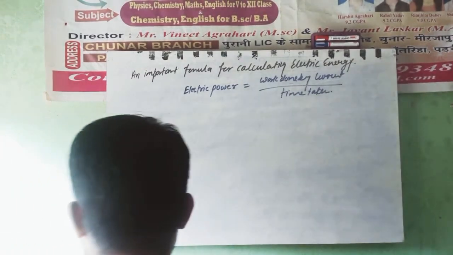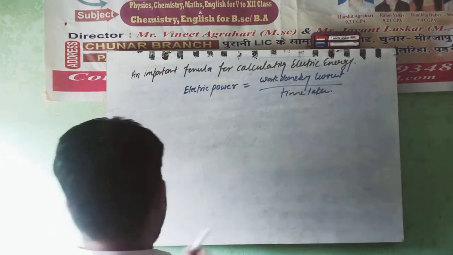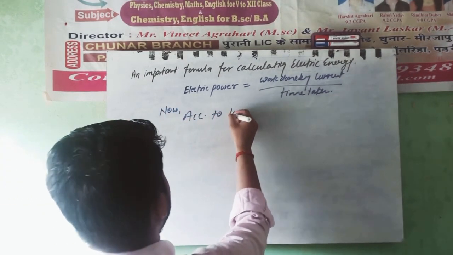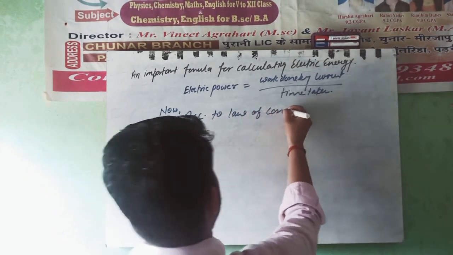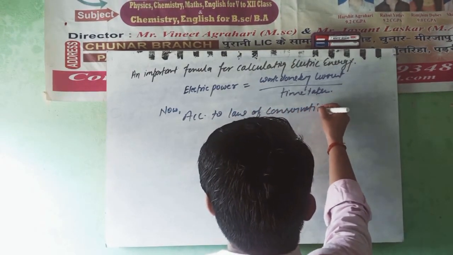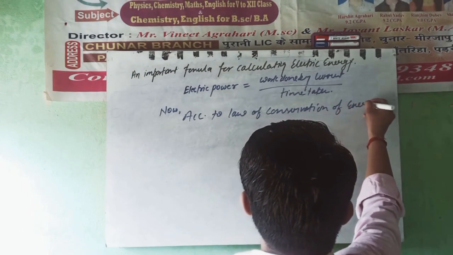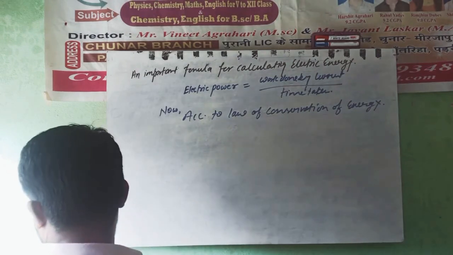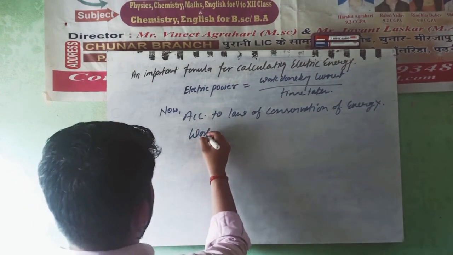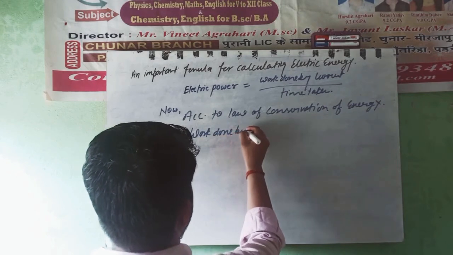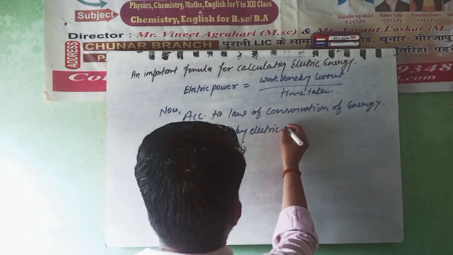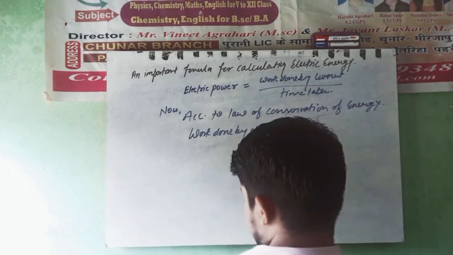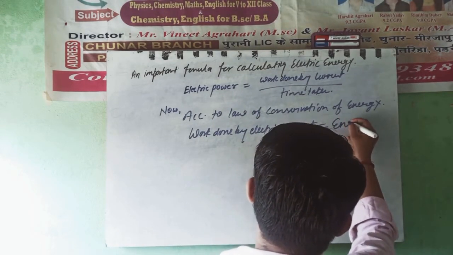Now, according to the law of conservation of energy, what is the statement of the law of conservation of energy? The statement was: work done by electric current is always equal to the electrical energy consumed.